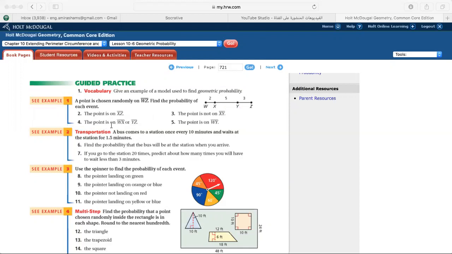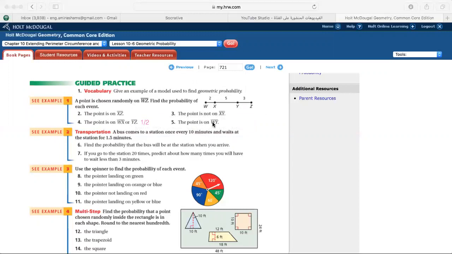Okay, the point is on WX or YZ. It is exactly the same as number 3. It is on WX and YZ. Or means I will add. So it will be exactly the same answer as number 3, 1 over 2. Okay, number 5.